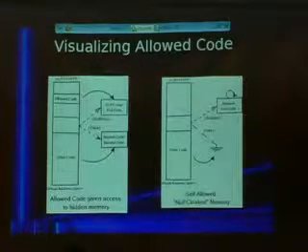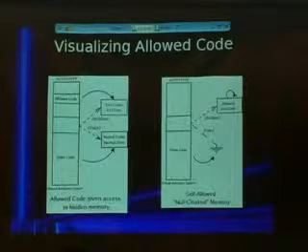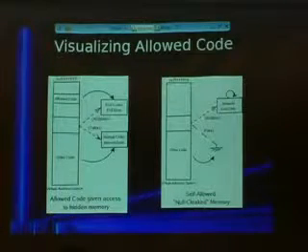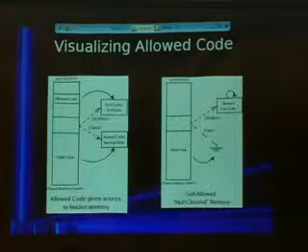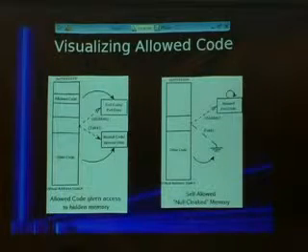So basically here in this diagram, you can see that allowed code is allowed to access the hidden memory, and the other code is allowed to access the normal data. And then in this null cloak scenario, you can have self-allowed code that's allowed to access its own region of memory, with that memory appearing totally unmapped to everybody else.